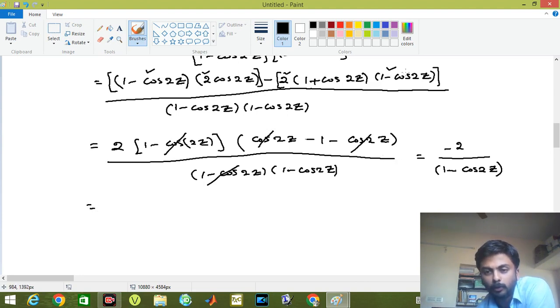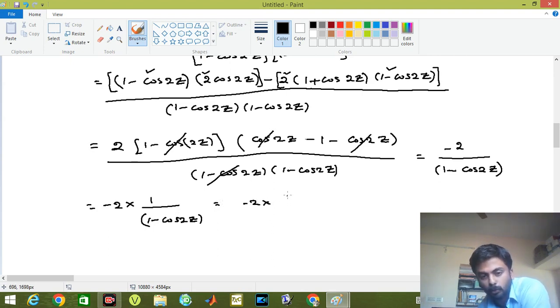So again we are going to use the formula. I am splitting it as minus 2 into 1 divided by 1 minus cos 2z, that is, it will be equal to minus 2 into 1 divided by, so the formula here we are going to use is 1 plus cos 2z.